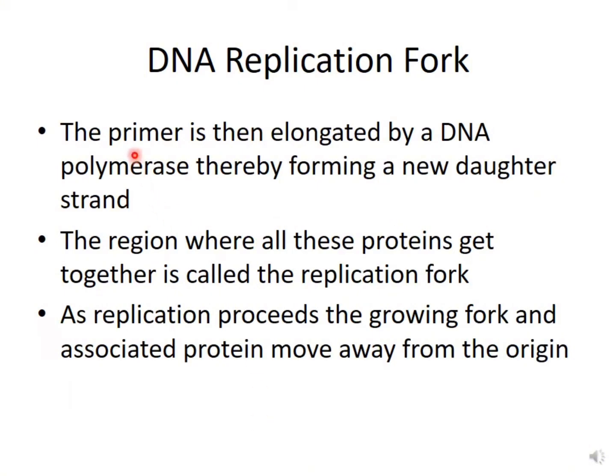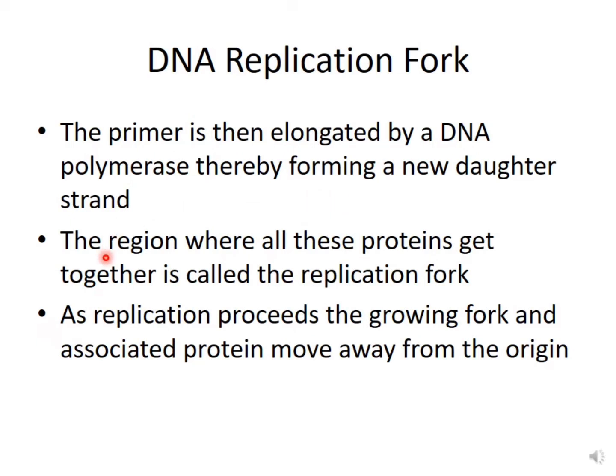The primer afterward is elongated by a second enzyme, which is DNA polymerase. As we mentioned earlier, DNA polymerase needs to bind to a primer in order to be able to make a copy of the DNA. So after primase deposits a few RNA bases, DNA polymerase comes in and forms a new daughter strand after it binds to the primer.